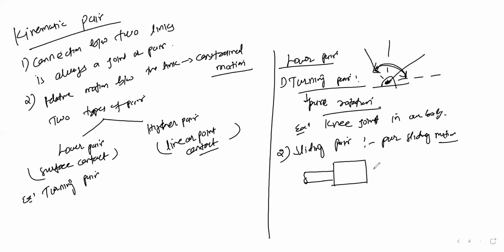This is the shaft, and it can slide. I'm assuming it's a rectangular shaft, and this is the hole. This shaft can reciprocate or slide, moving to and fro. This type makes surface contact. Next is the rolling pair.